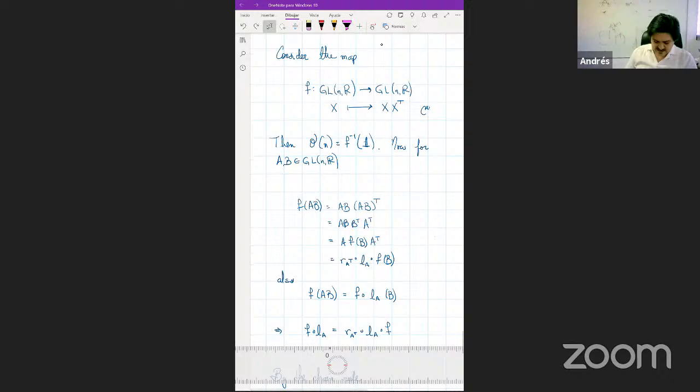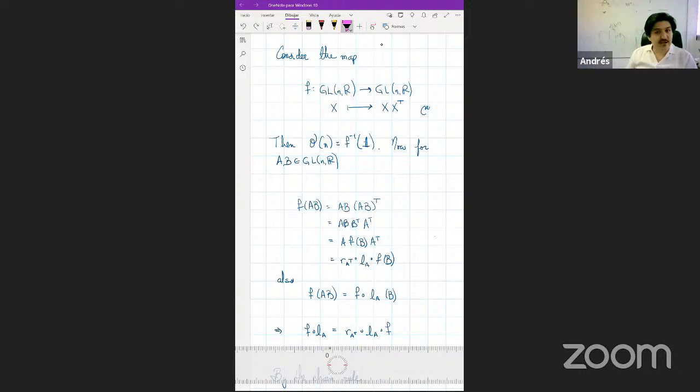Hence, I have this formula. And that formula holds for any matrix A that is non-singular.